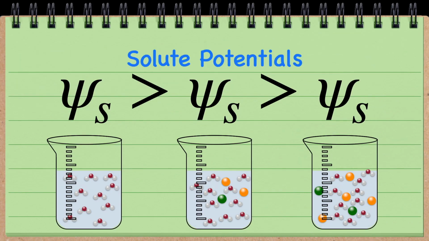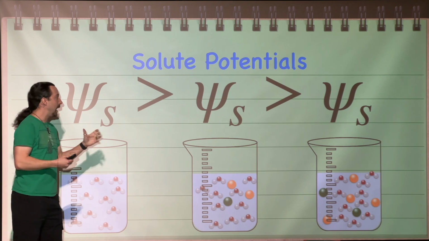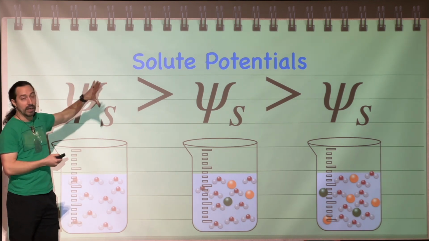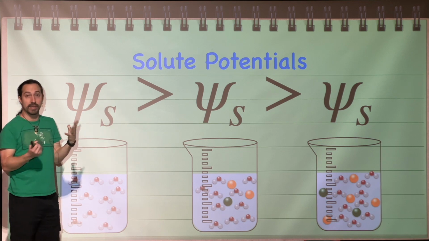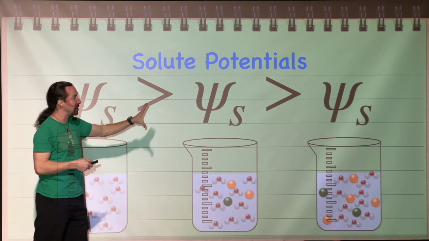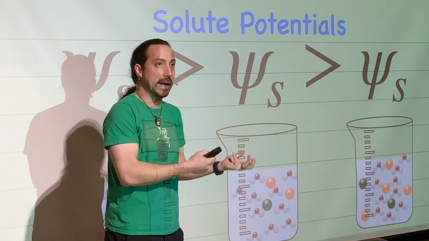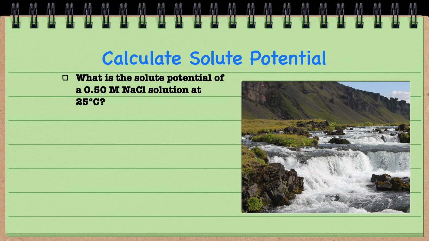This means that if you happen to have a solution of pure, 100% water, it will have a solute potential of 0. Then, the more ions you add, the more and more negative the solute potential becomes. Let's look at a calculation for that.